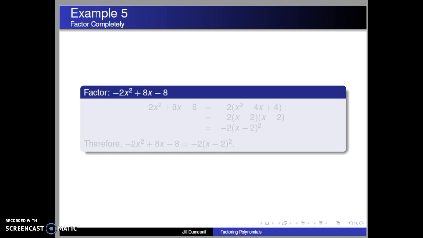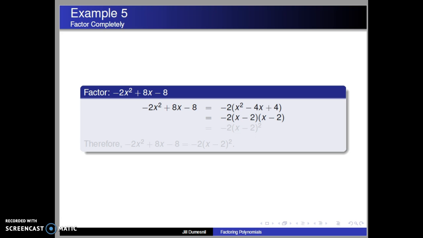To factor minus 2x squared plus 8x minus 8, we notice that all of our coefficients are even, so we can factor out a 2, but our leading coefficient is negative, so we actually factor out a negative 2. The remaining trinomial factor, x squared minus 4x plus 4, has the form for a potential perfect square trinomial.